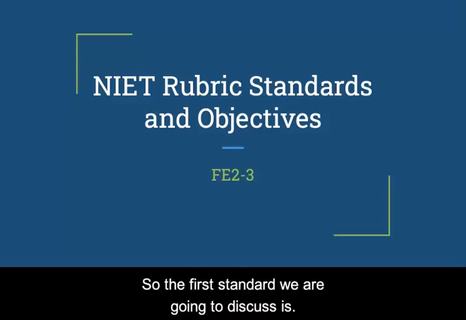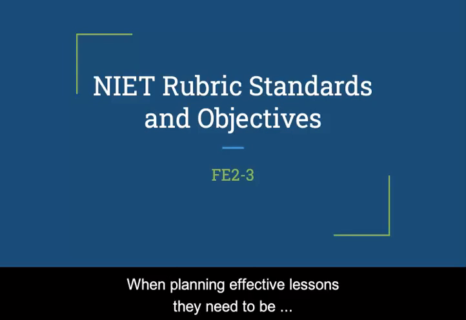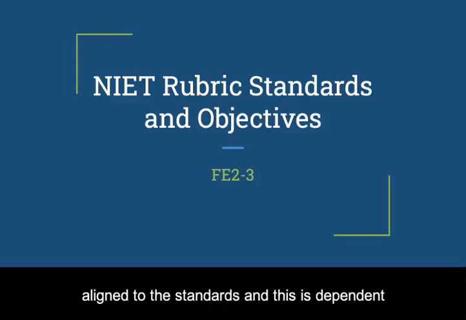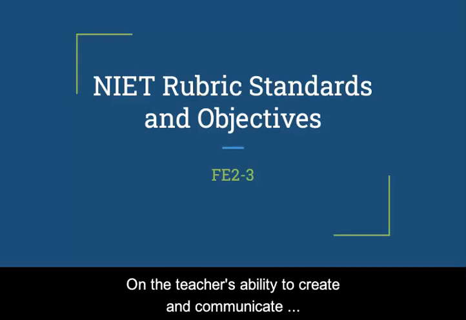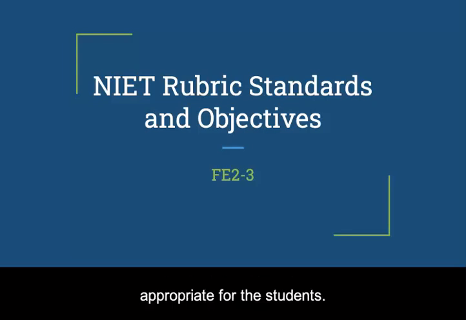So the first standard we're going to discuss is standards and objectives. When planning effective lessons, they need to be aligned to the standards, and this is dependent upon the teacher's ability to create and communicate clearly defined learning outcomes or objectives appropriate for the students.